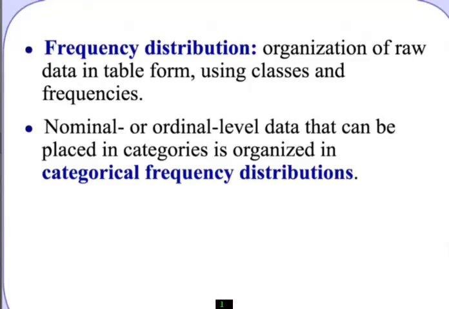Well, for categorical frequency distributions, we are looking at putting data that is qualitative, that categorical type, into some type of table distribution that we can look at. And so that's what we're going to do.